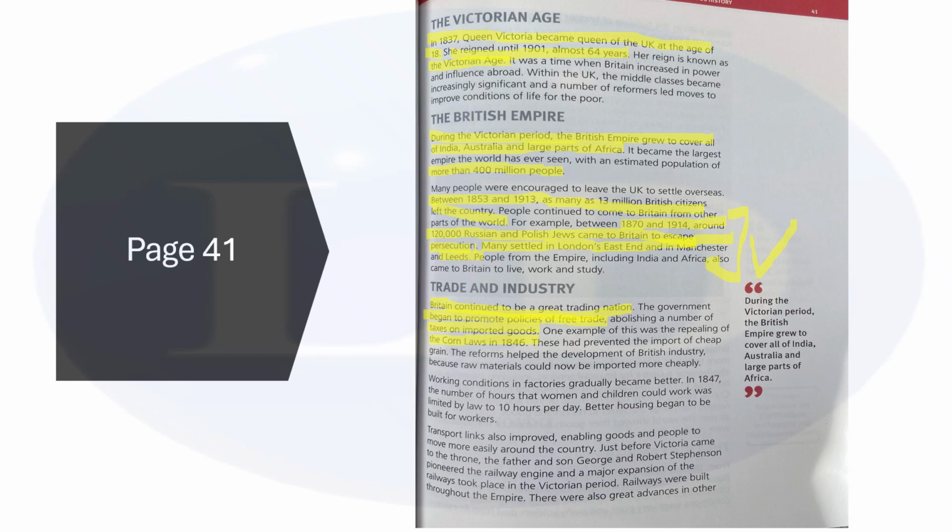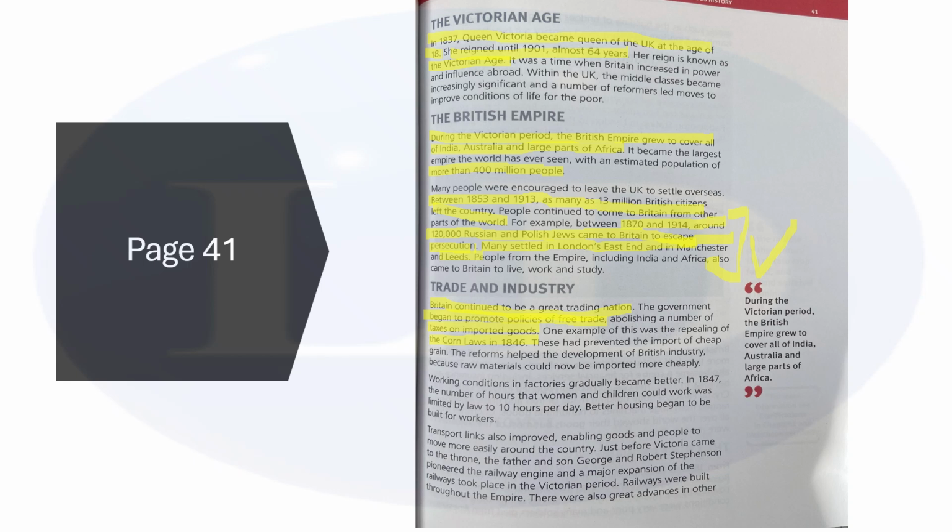So one of the examples of free trade encouraged during the Victorian age was the repeal of the Corn Laws in 1846, which means the government removed every kind of tax on the trade of corn. So you will have a question about the date and the name of the law and all that stuff.